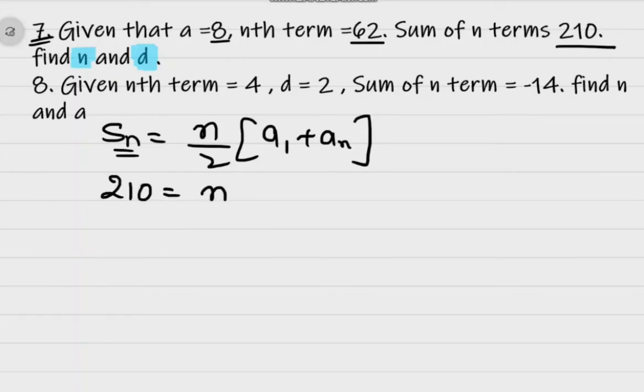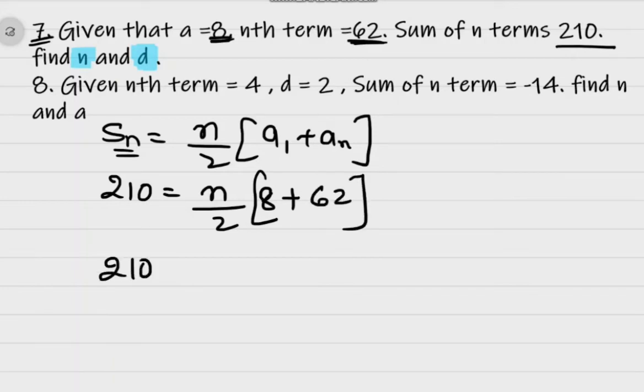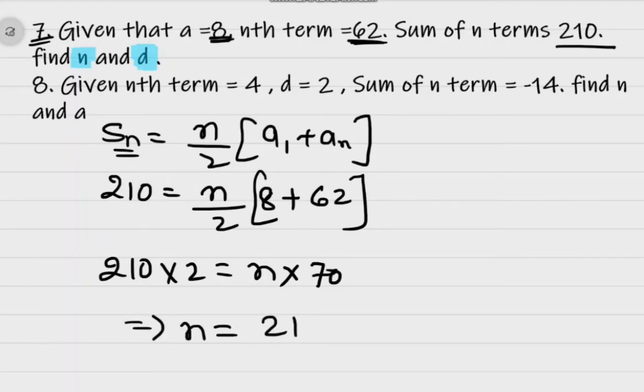You don't know the value of n, so n by 2. First term is equal to 8, so 8 plus nth term 62. Now 210 into 2 will be equal to n into 62 plus 8, which is nothing but 70. So n will be equal to 210 into 2 by 70.